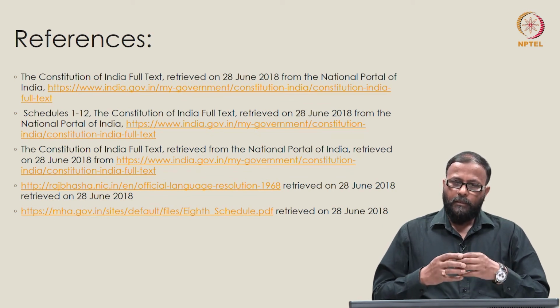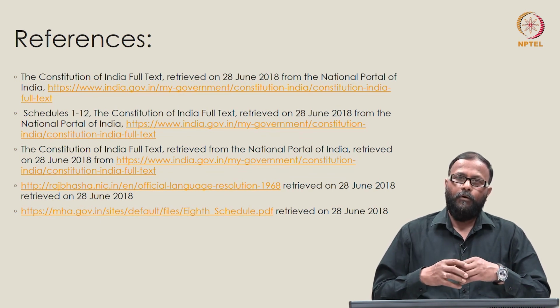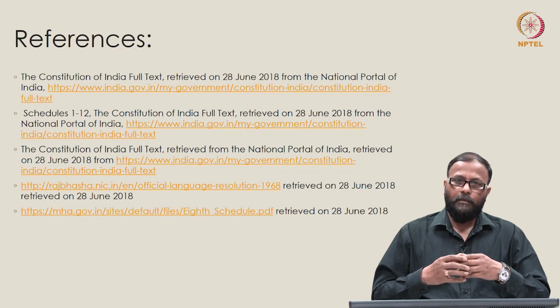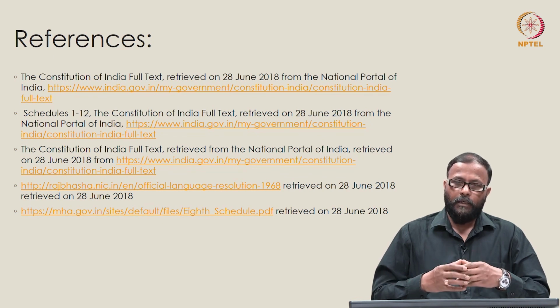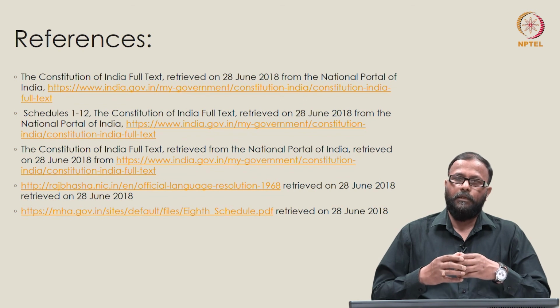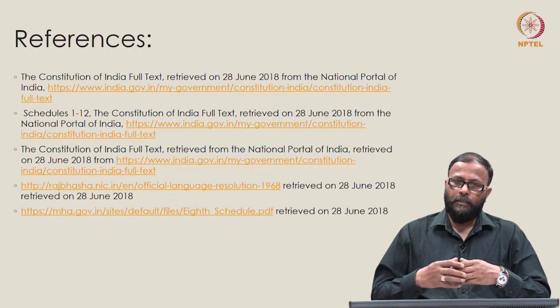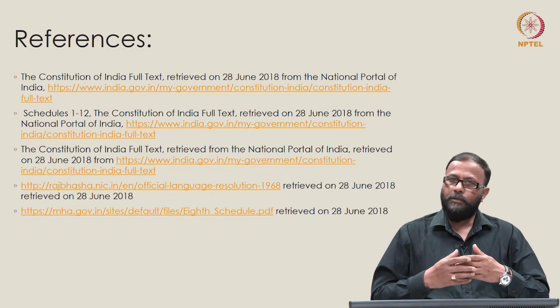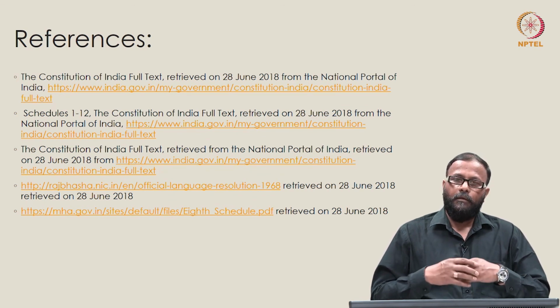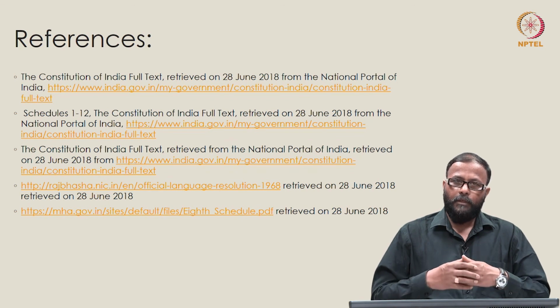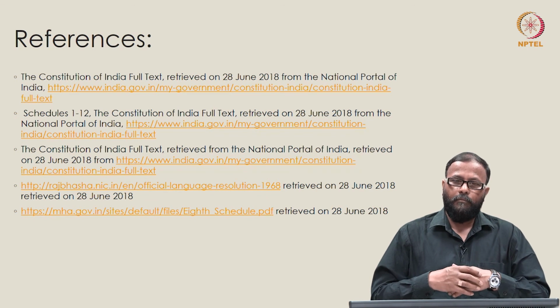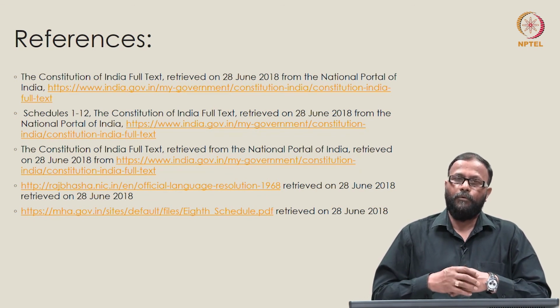So we need to understand that this 8th schedule is an acknowledgement of the fact that India is a multicultural, pluricultural, multilingual country, and even the nation state gives opportunity, equal opportunity, and support to these languages to grow and flourish.